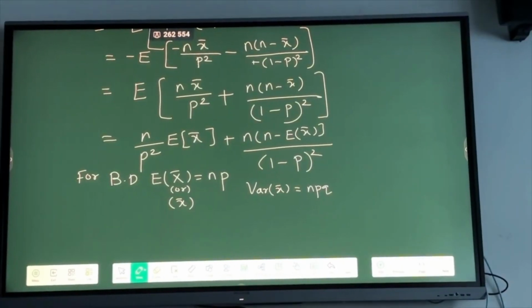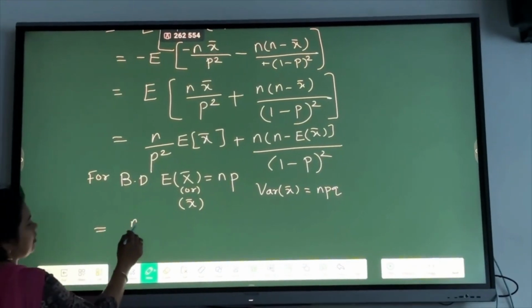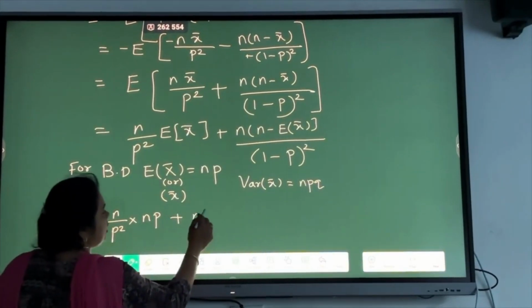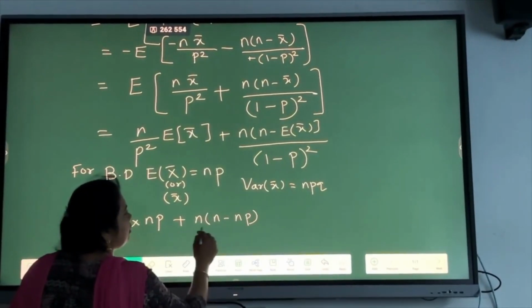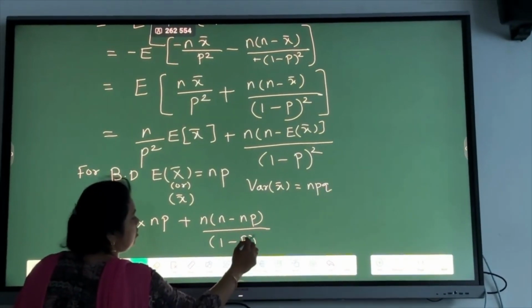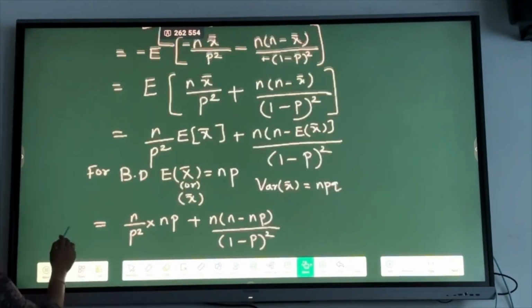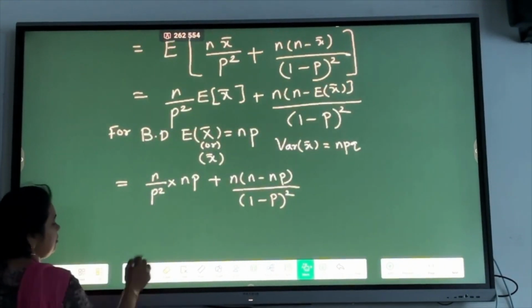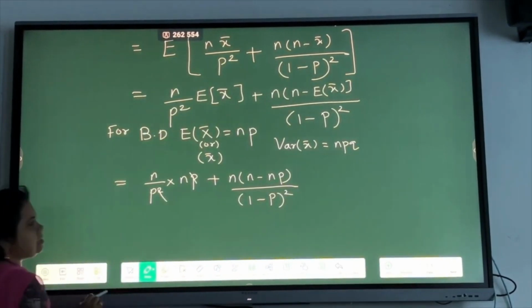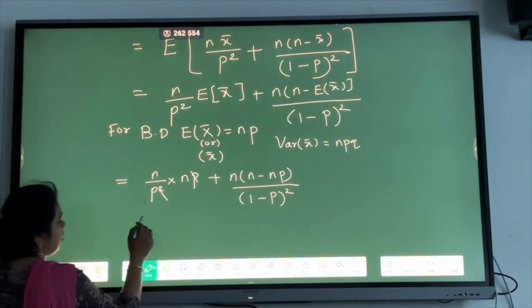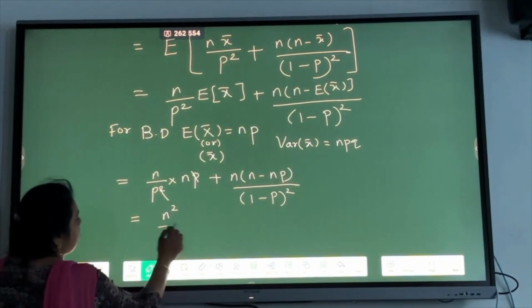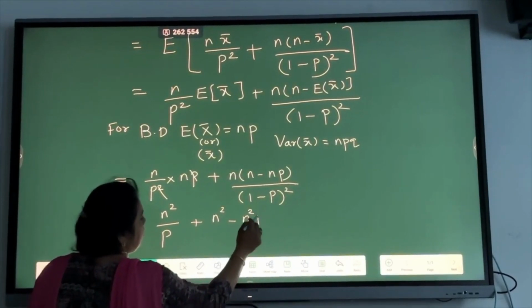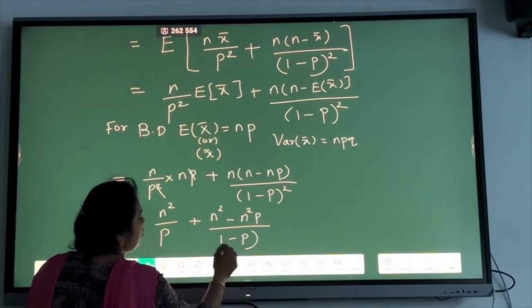So substitute the term here: n by p square into np plus n into n minus np divided by 1 minus p the whole square. So cancel p here, one p cancels. Multiply the terms here: n square by p plus n square minus n square p by 1 minus p the whole square.